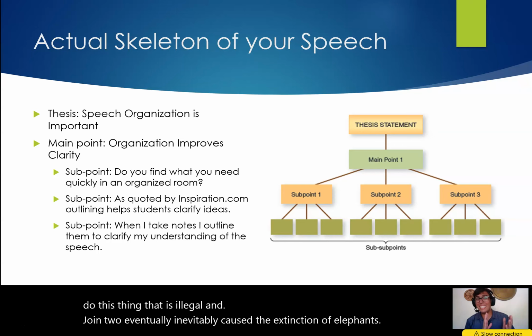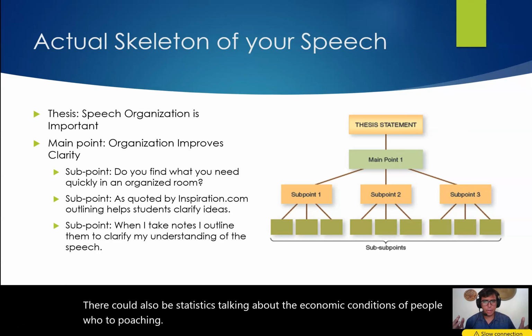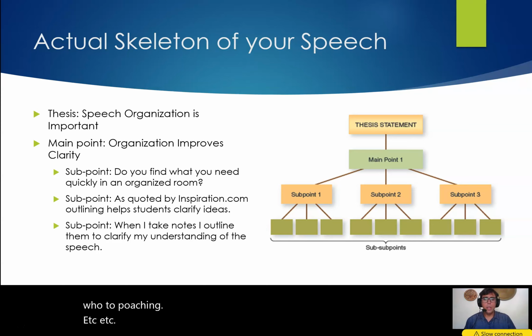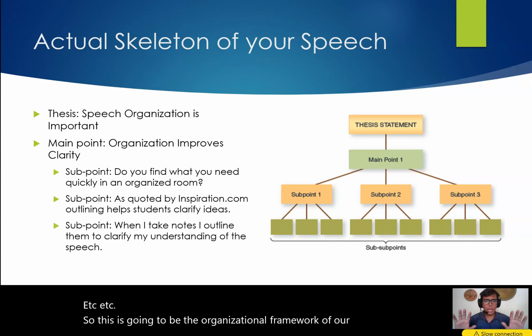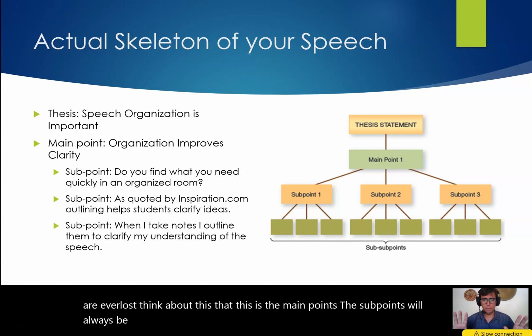There could also be statistics talking about the economic conditions of people who resort to poaching, etc., etc. So this is going to be the organizational framework of our speeches. But if you are ever lost, think about this: the thesis, the main points, the subpoints will always be one sentence with no ands.